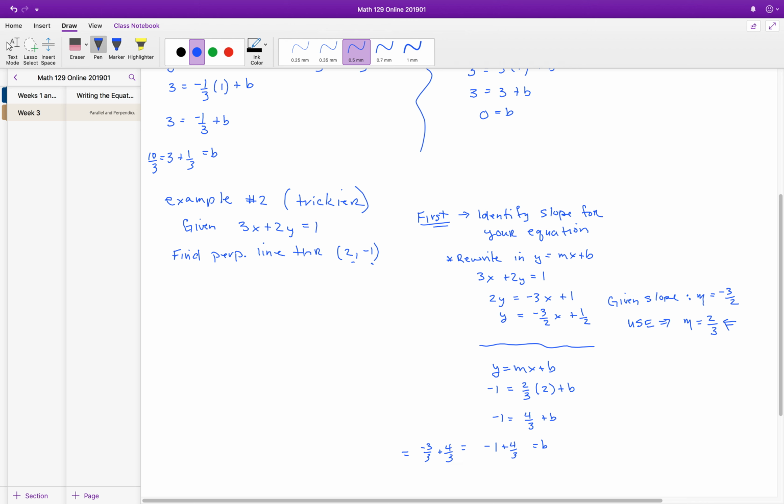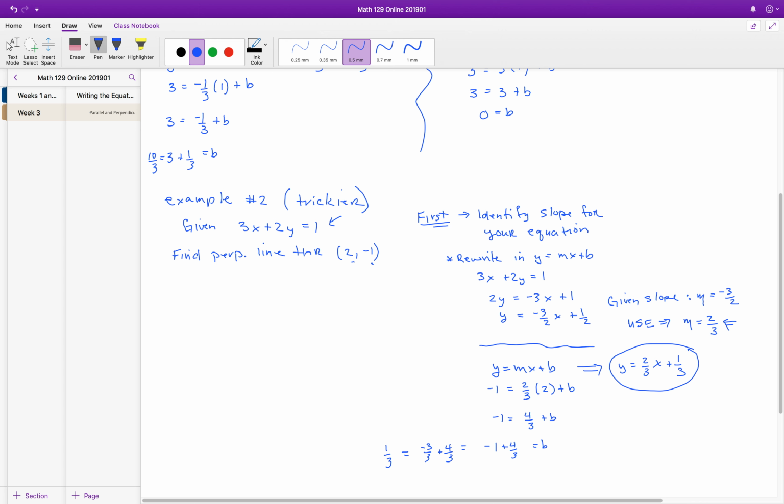So -3 plus 4 is 1, so 1/3 for my b. So my final answer, my perpendicular line, is y equals the slope 2/3 x, y-intercept is plus 1/3. So here is my line that's perpendicular to the given line 3x plus 2y equals 1.